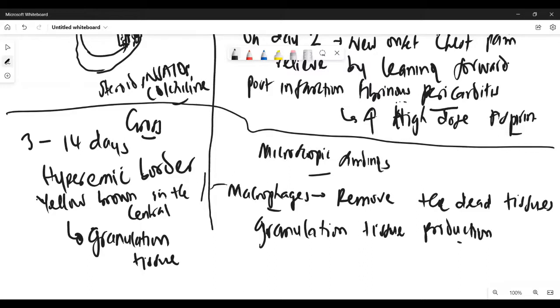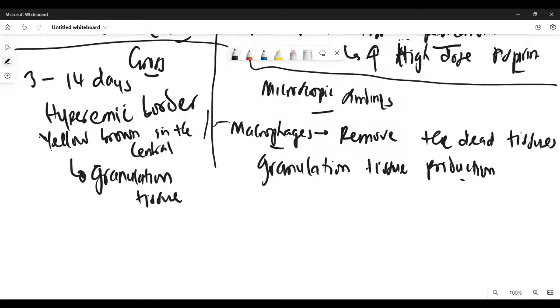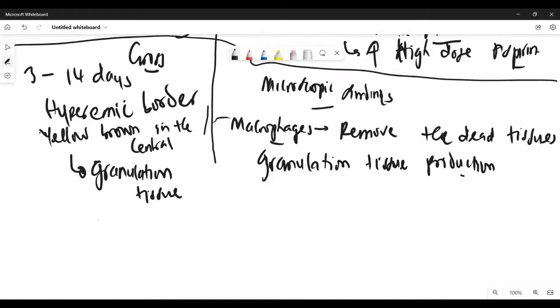One thing that is very important during this period: imagine you have, so let's just draw a picture here. Let's assume this is the heart, and these are our chambers.